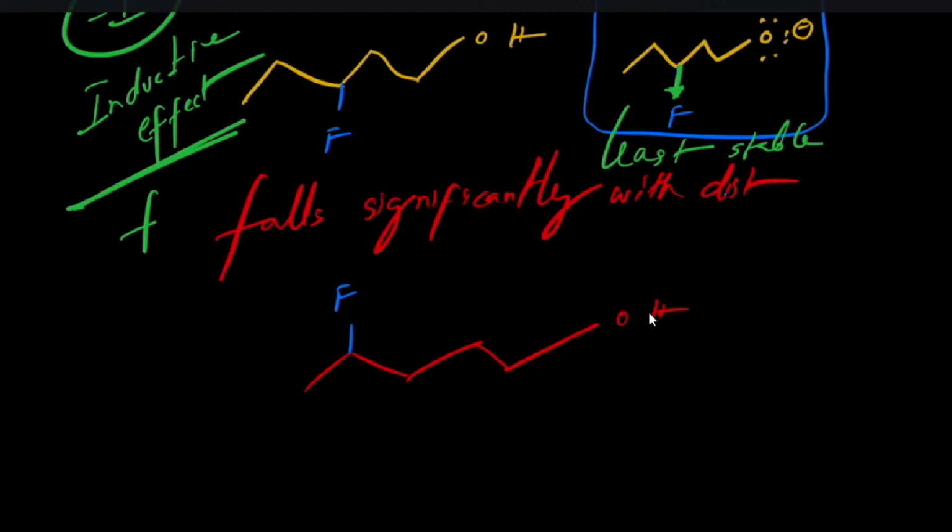And then at last I will introduce you to a very important topic called aromaticity: which are aromatic compounds, which are non-aromatic compounds, which are anti-aromatic compounds, and based on that how the orders of acid strengths and basic strengths change.